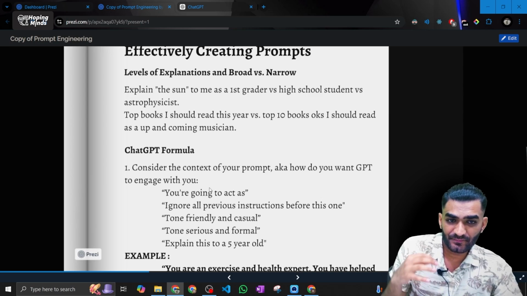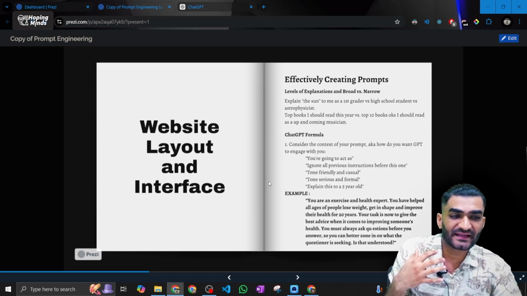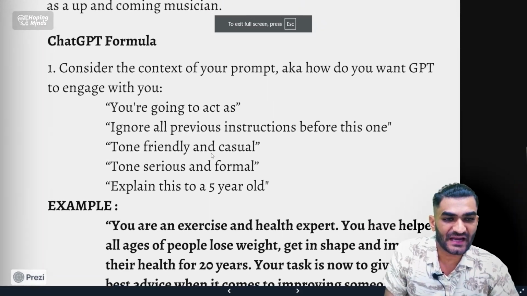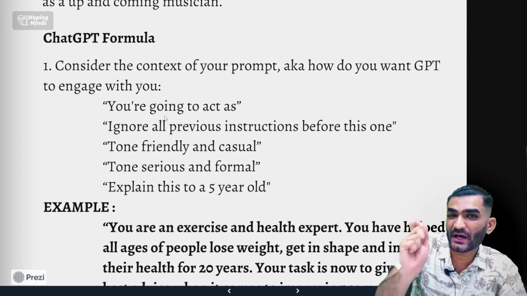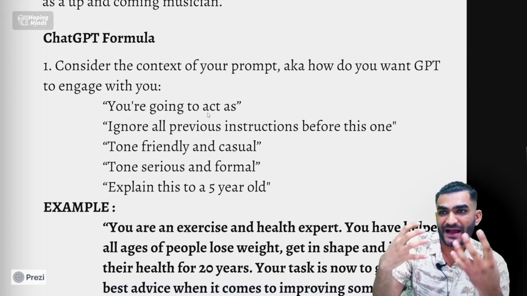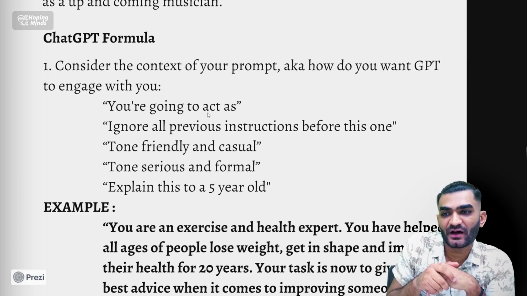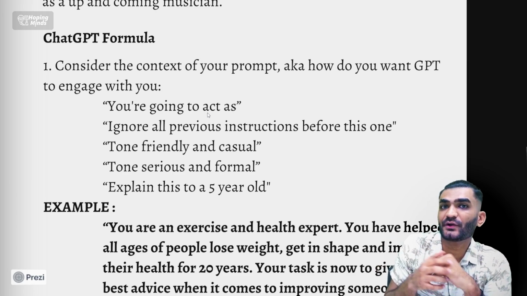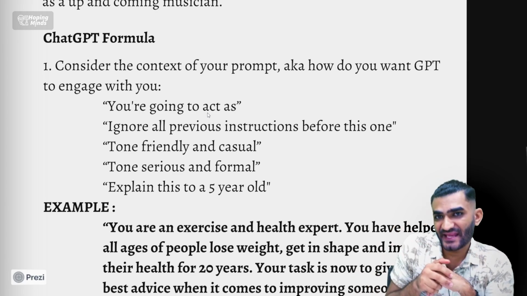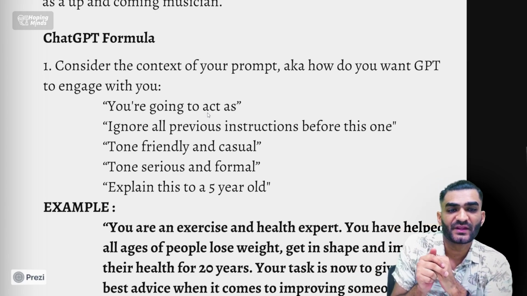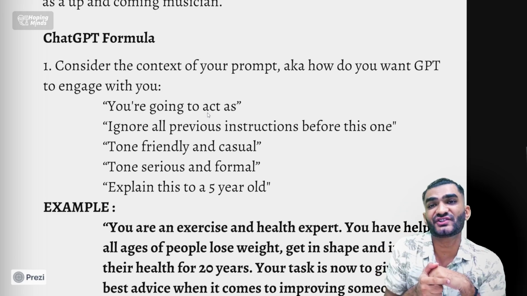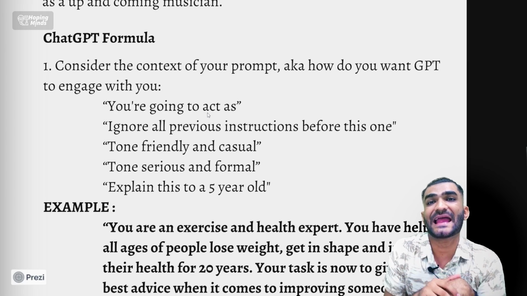When it comes to writing an effective prompt, there are certain formulas. You can always start an effective prompt by saying that you are going to act as a particular thing. Suppose I want ChatGPT to ask me some React interview questions.